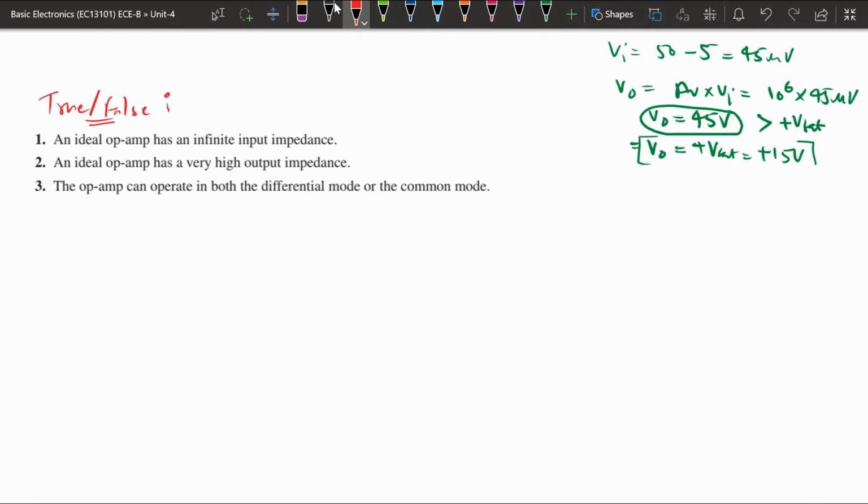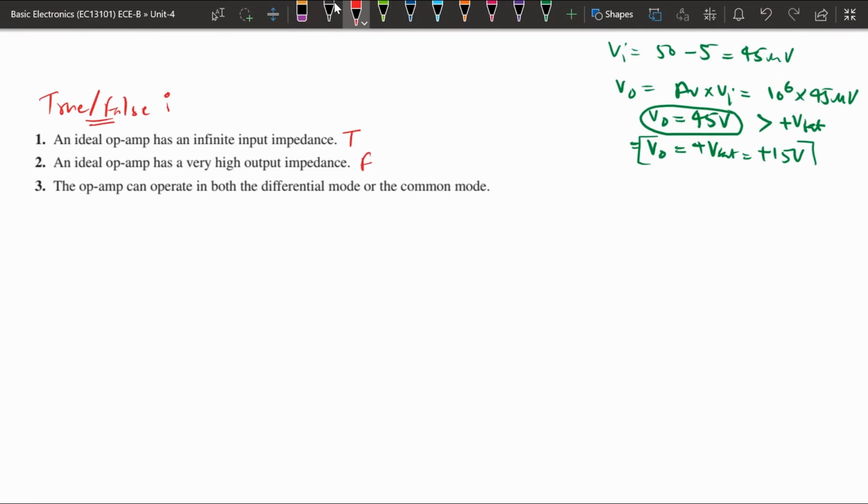Whether it is true or false, an ideal op-amp has infinite input impedance, so it is true. The second one: an ideal op-amp has very high output impedance. Yes, output impedance should be low. That means output impedance should be 0 in case of an ideal op-amp. So it is not high, it should be low. So it is a false statement.